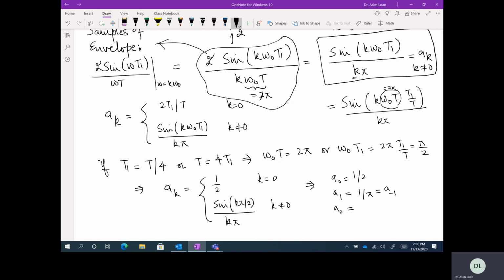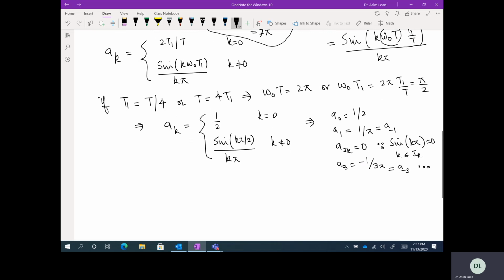So a2k equals 0 because sine of k pi is equal to 0, where k belongs to the set of integers. And a3 equals sine 3 pi by 2, which is minus 1, so it's minus 1 over 3 pi, and so on and so forth. And this is also equal to a minus 3.